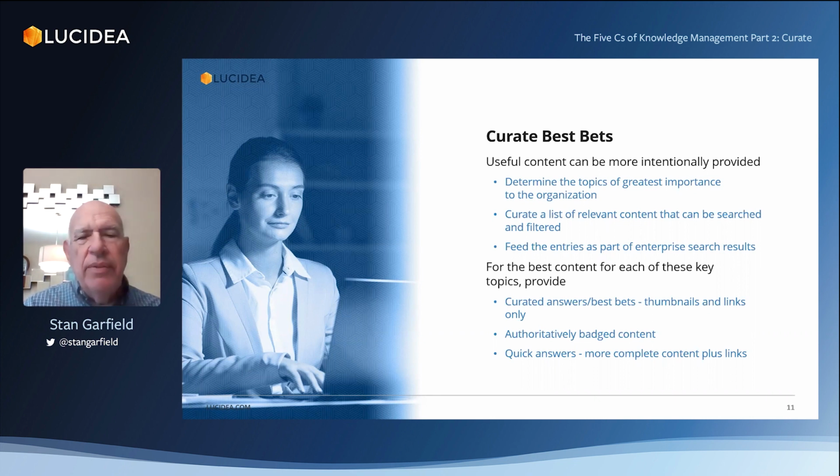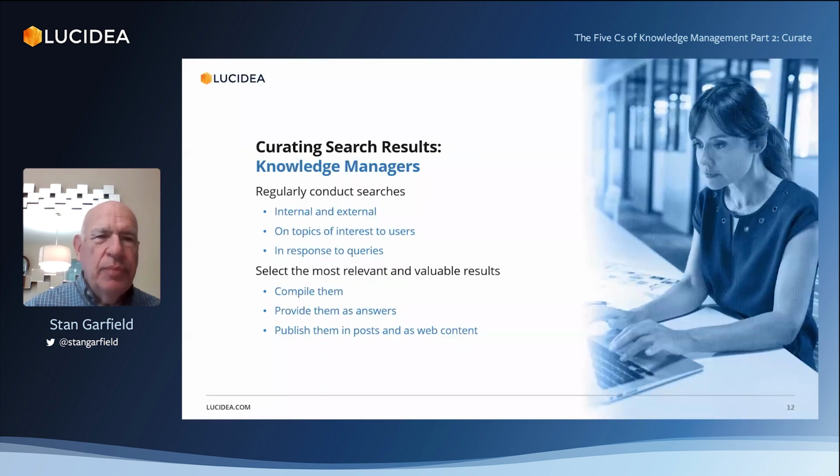And you can also have quick answers, which are more complete content. So it's not just a few sentences, it can actually be a whole page worth of content, and then links for additional details. So all of those things are the kinds of things you can bring forth as best bets.